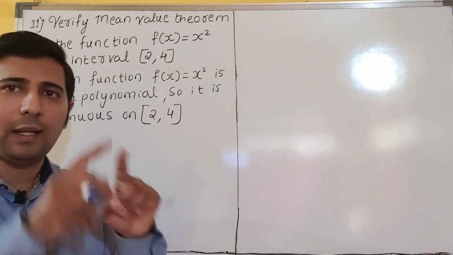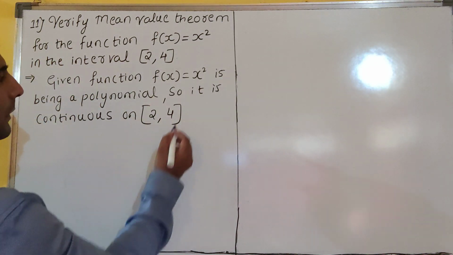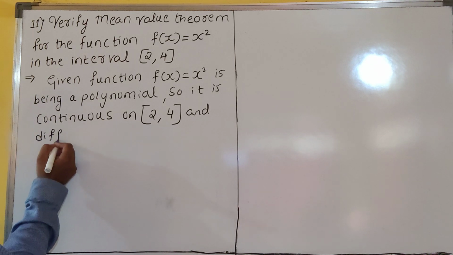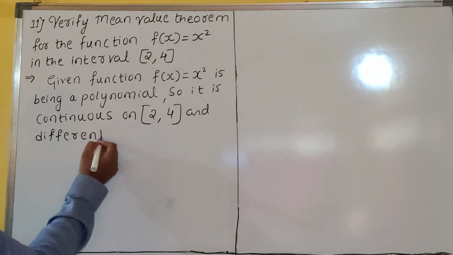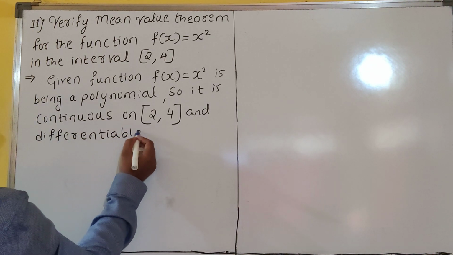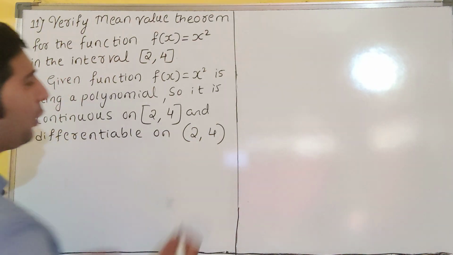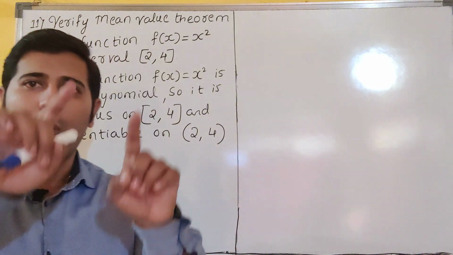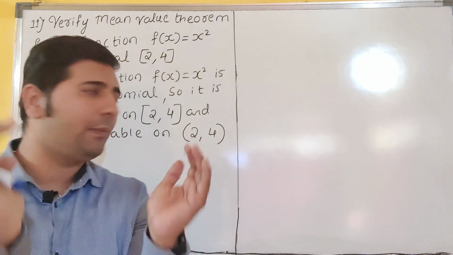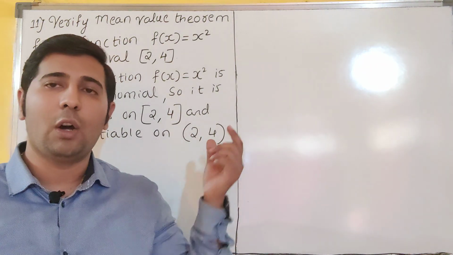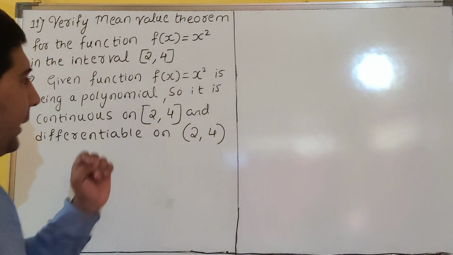See, closed interval, square bracket you have to use, and differentiable on open interval. See the difference between closed interval and open interval. Open interval we will write in this form, and closed interval in square brackets.